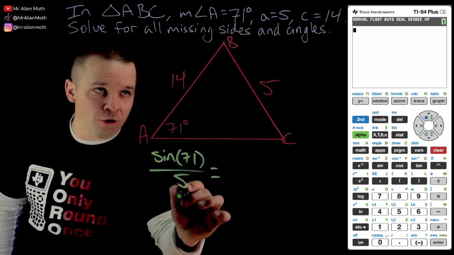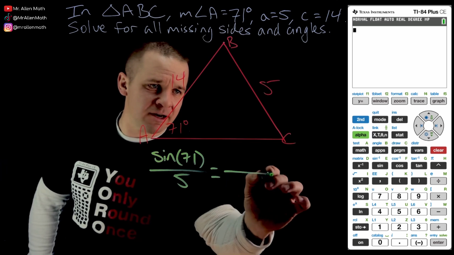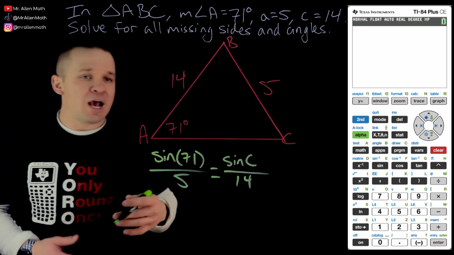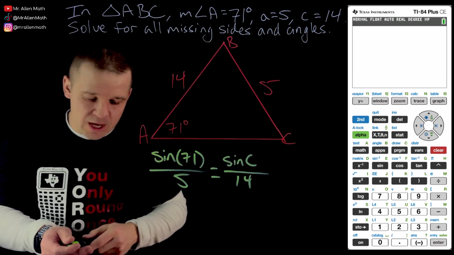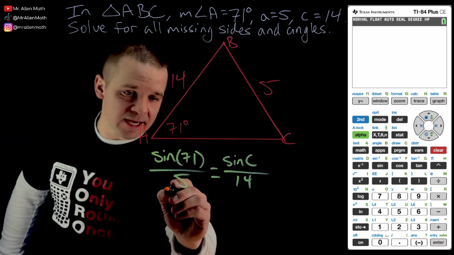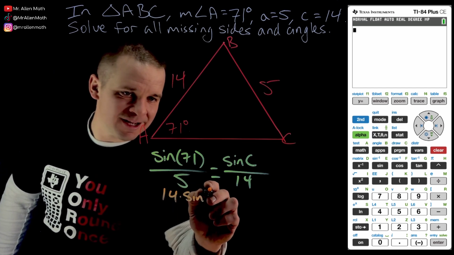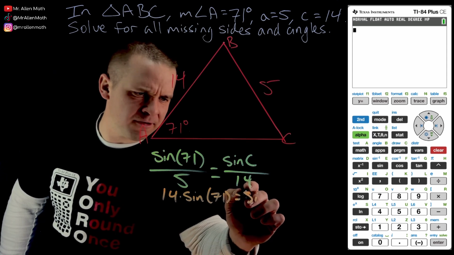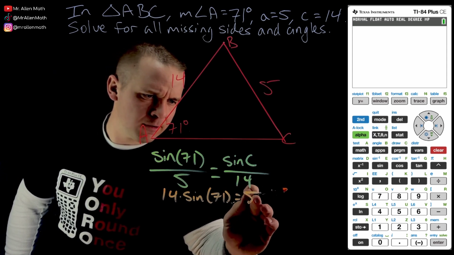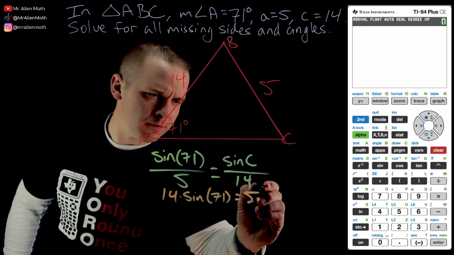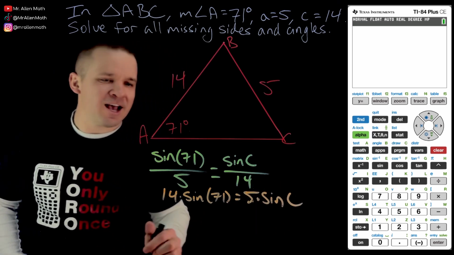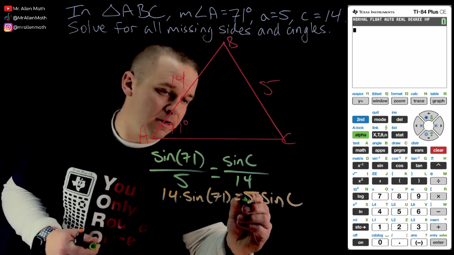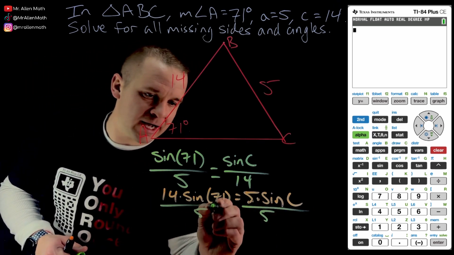So sine of 71 over its side, and then sine of angle C over its side of 14. Now I can cross multiply and solve. I get 14 times sine of 71 equals 5 times sine of C. Let's get sine of C by itself, so I'm going to divide by 5 on both sides.